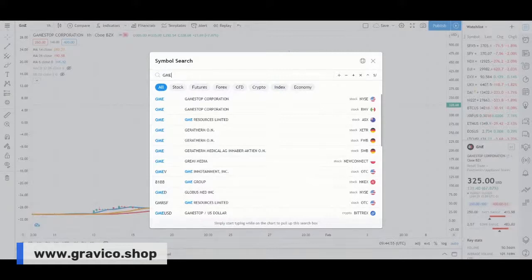Maybe they have some technical issues. But there are other ways where you can buy GameStop stocks. You can buy it in FTX, in Bittrex, in OKEX.